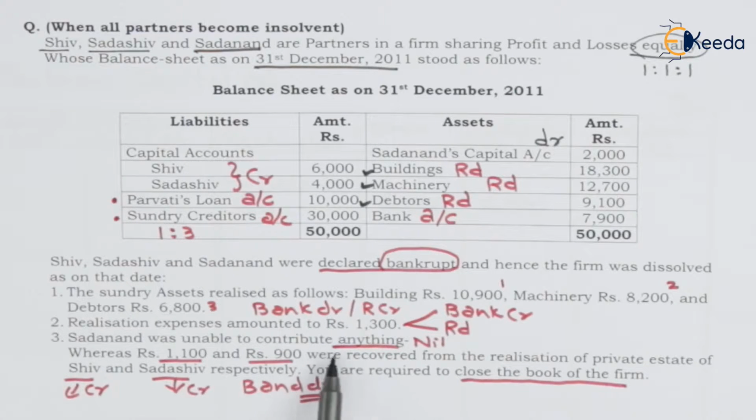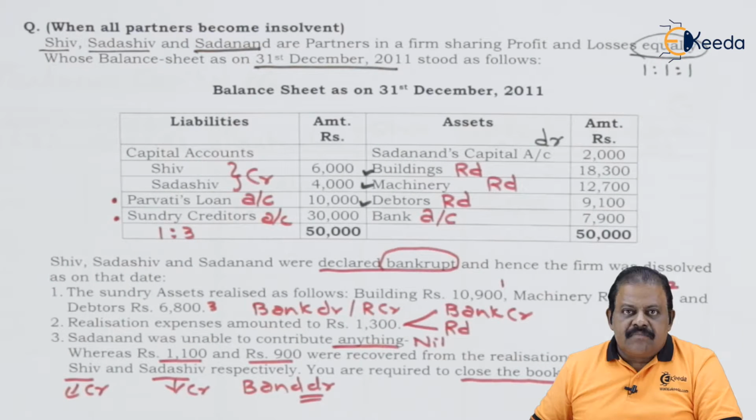Sadanand was unable to contribute anything, whereas 1,100 and 900 were received from realization of private estate of Shiv and Sadashiv respectively. This will be credited to their accounts and debited to cash bank account.